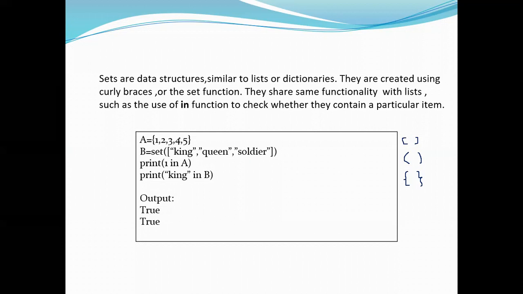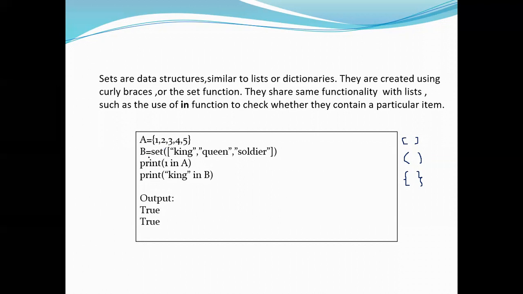For example, I have a set A is equal to, I'm giving a set of items separated by commas inside curly braces: 1, 2, 3, 4, 5. If you see here, all the data items are different and they are unique. If I have any duplicate values here, automatically they will be removed.